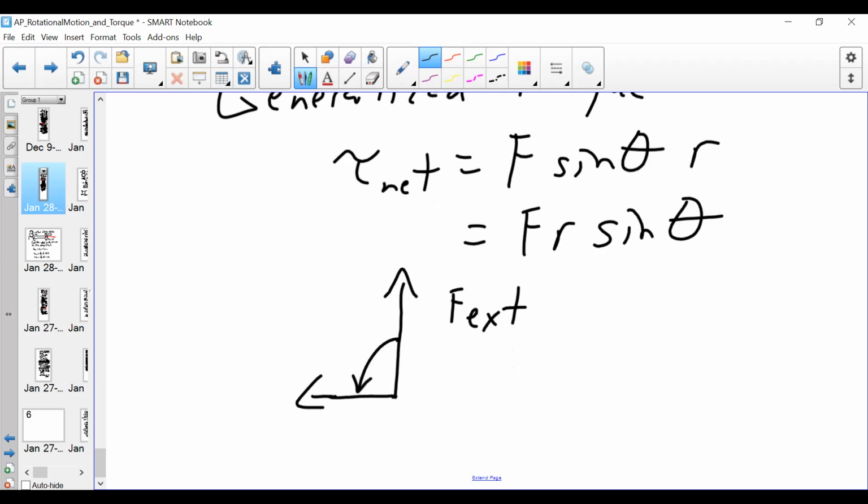When you multiply these two vectors to form torque, another vector, what you're doing is, pretend that your four fingers are in the same direction as the external force. The radius will be your palm. Just imagine that there's a line coming out of the palm of your hand. You've got to point your fingers up. There's an imaginary line coming out of the palm of your hand that should be pointing to the left, like the radius here. And when you curl your fingers towards the left in a counterclockwise fashion, like the arrow, your thumb is going to be pointing out.